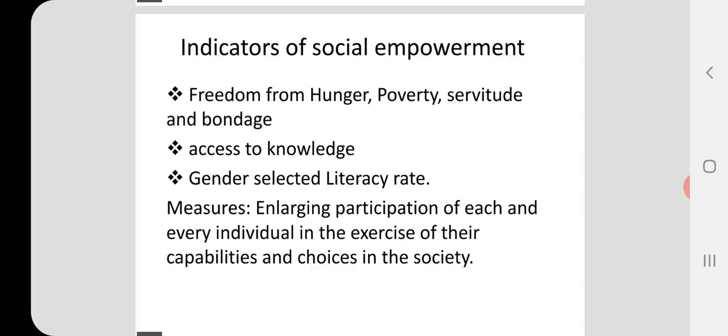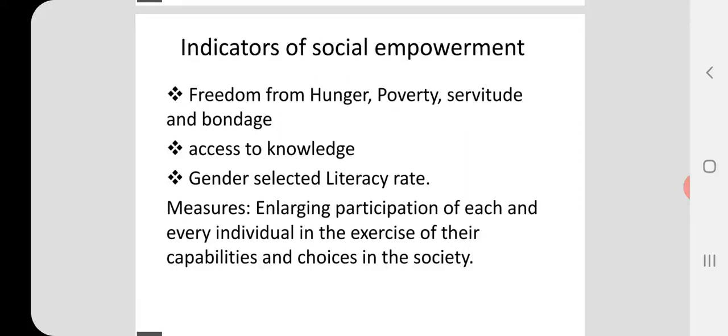So to overcome these problems, we should empower the female population mainly, especially the female population and the backward groups of people. If we empower them, the human development index will rise automatically.